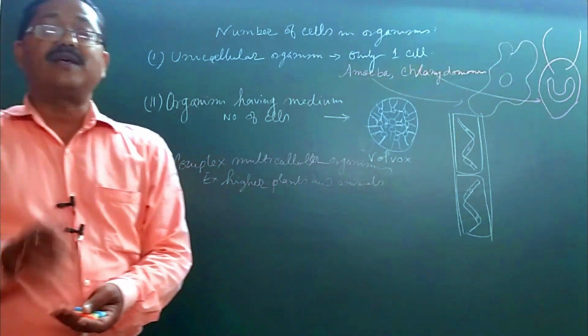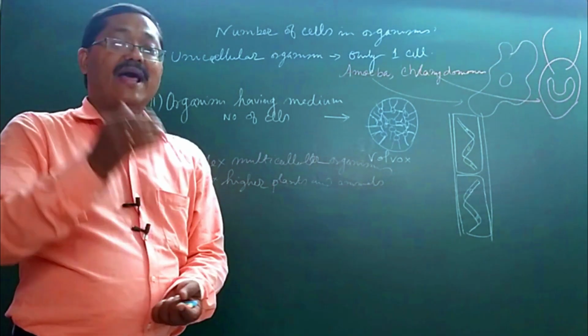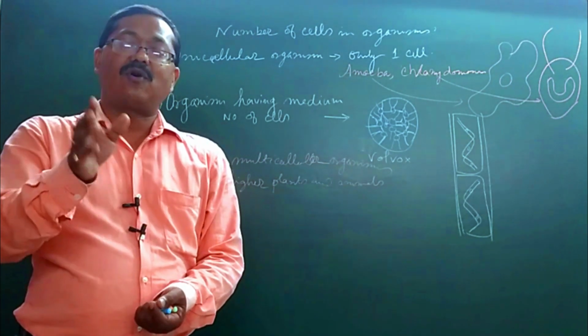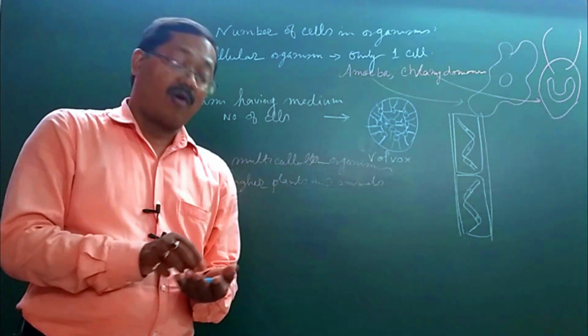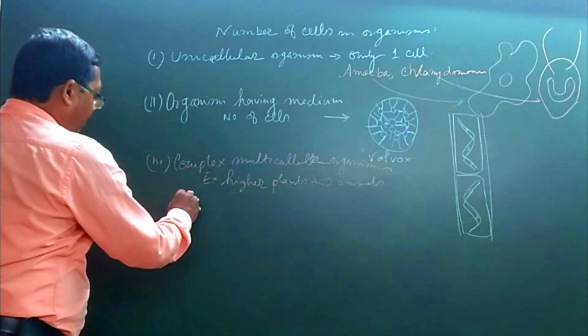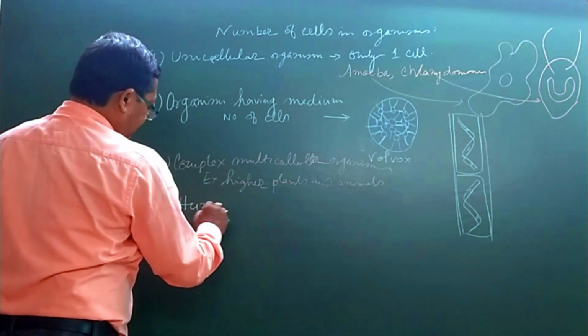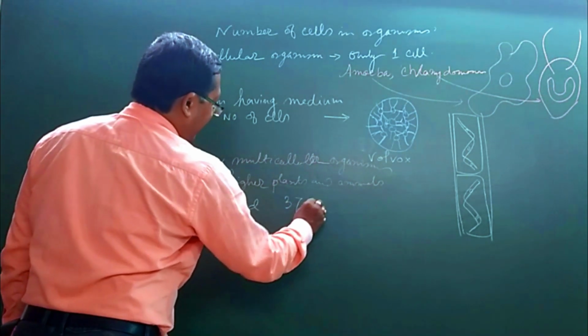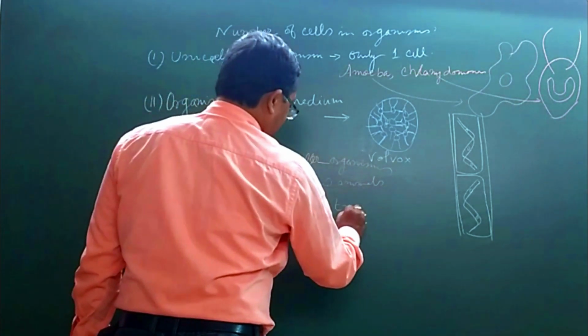Particularly when we consider a human being as a more advanced organism, our body contains a huge number of cells. Human body, 37.2 trillion.